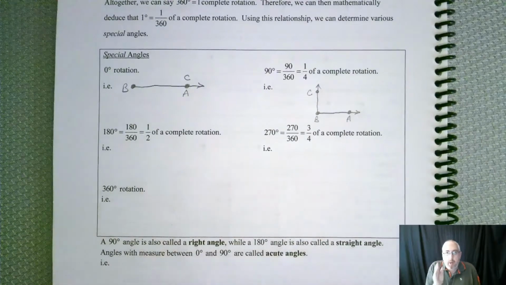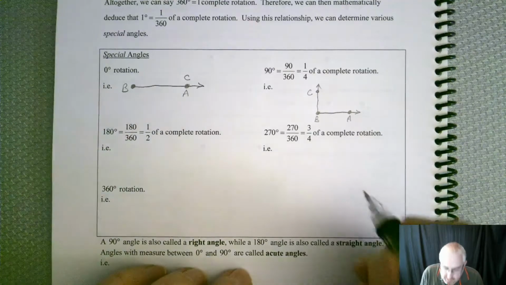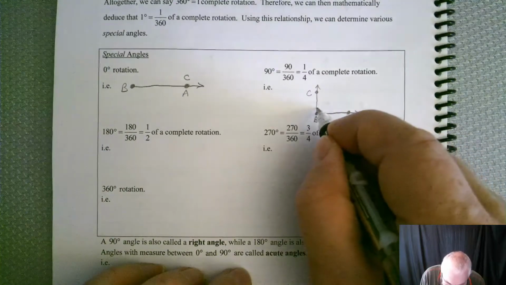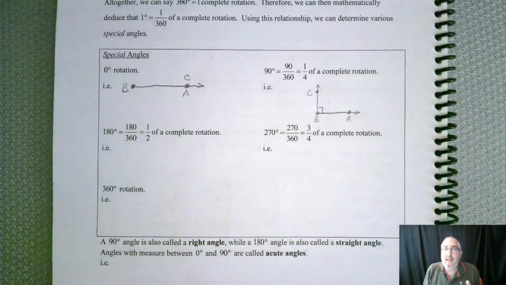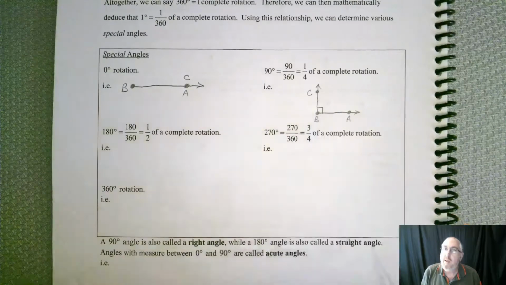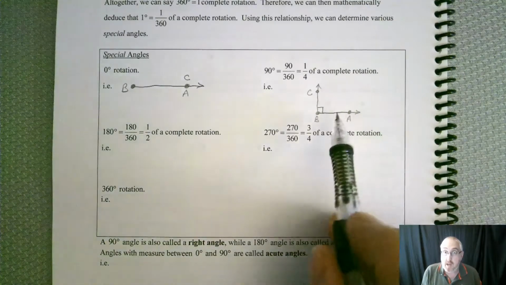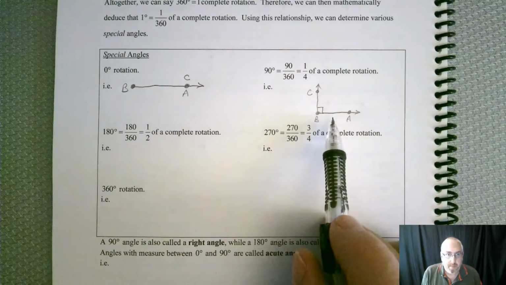Now, how do we know that it's not off just a little bit one way or the other? How do we know it's perfectly straight up and down to give me that 90 degrees? Well, mathematicians thought of that and said, let's put a little tiny square in the corner, and that's going to be our indicator that it's really a 90-degree angle. Anytime you see that little square in the corner, that forces it to be a 90-degree angle, even if it's drawn off a little bit. So that's a special one you should be familiar with.